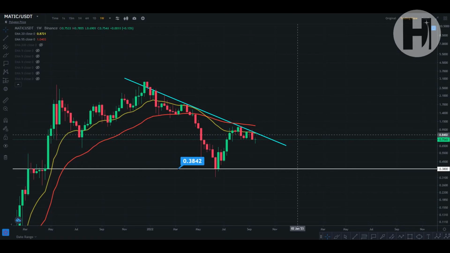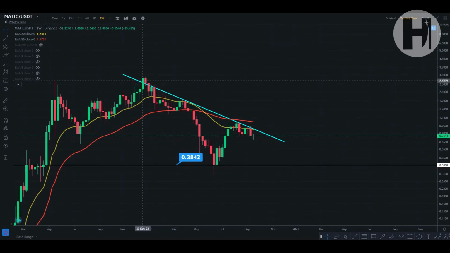Switching over to the weekly chart on the Binance website, as you can see, this diagonal resistance trend line that we've had since January of this year, we've been rejected from this level one time here in January, once again in April, once again in August, and once again in September. So at some point, you're going to have to break through that resistance.